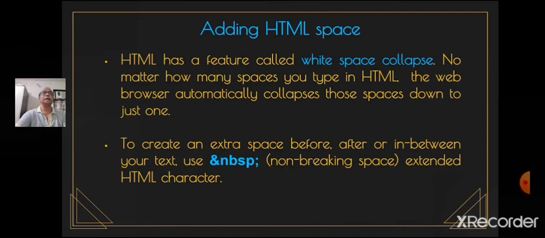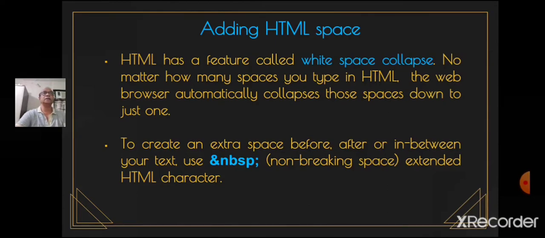When we write any text matter, say in Microsoft Word, we can easily add multiple spaces by just pressing the space bar in a line between characters or between words. Whereas HTML does not allow this.